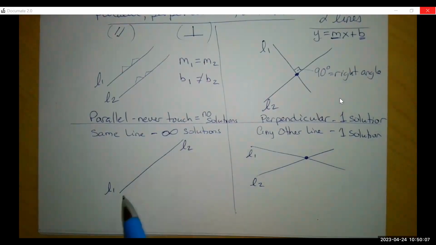Well, then look at the same line. What do line 1 and 2 have in common if they're the same line?